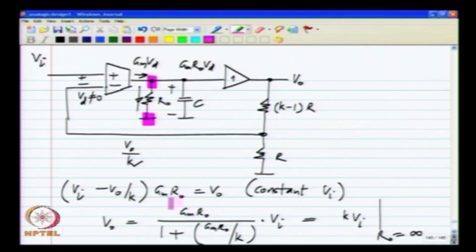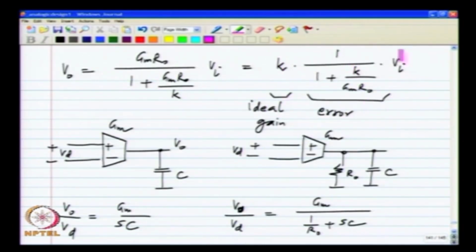So, if you see, this is the expression rearranged to get that one. So, there is an error term.